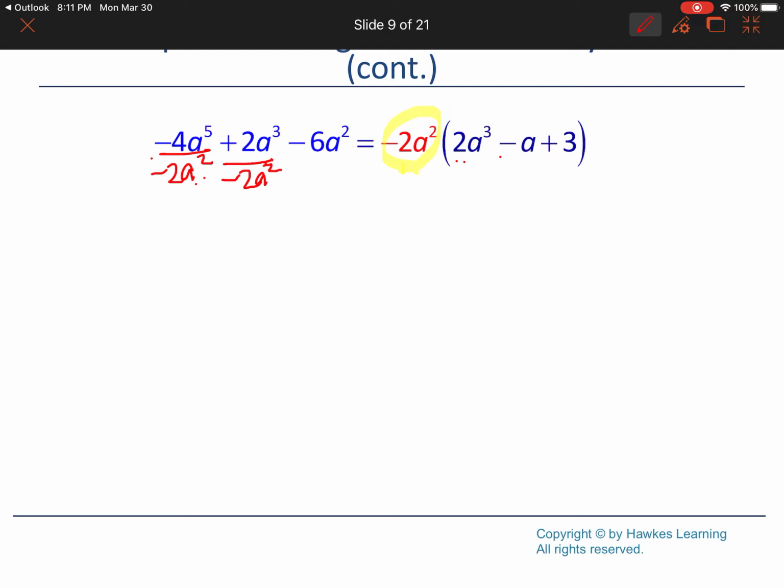Well, that means I've got a positive 2 over a negative 2, which is negative 1. And that's why we end up with a negative over here. Right? And then when we do a negative 2a squared here, the two negatives cancel each other out and we end up with a positive. So it gives you kind of the opposite sign from what you started with when you pull out a negative.